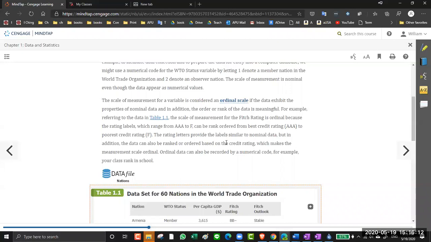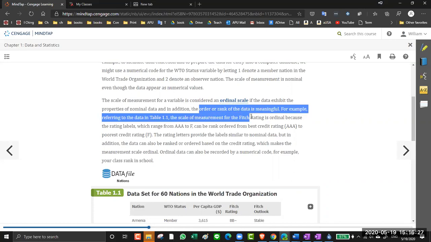So the scale of measurement for a variable is considered ordinal if the data exhibit the properties of nominal. So it's nominal, but it also has this ability to rank.